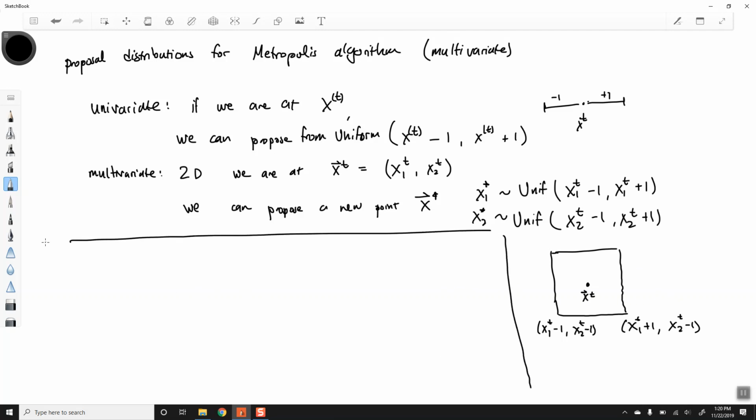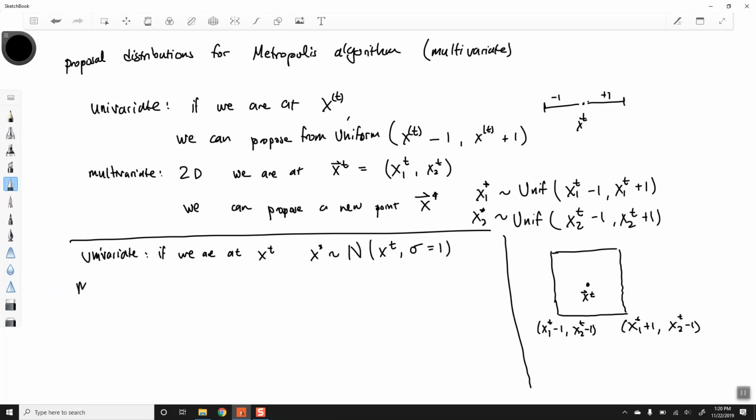Or you can also do, for the univariate, the other one was the Gaussian. We said if we are at xt, then x star comes from the normal distribution centered at x at time t with standard deviation equal to 1 or something like that, okay?